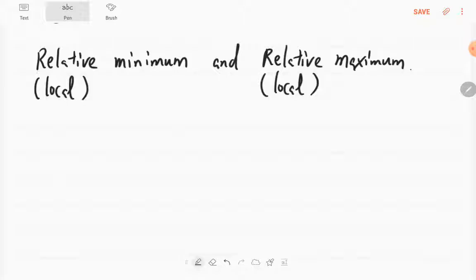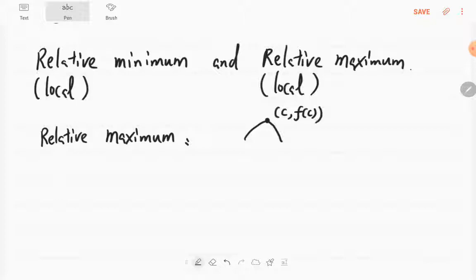Okay, so now let's look at the relative maximum. What's the meaning of the relative maximum? If a function changes from increasing to decreasing at this point C, f of C. I don't care about the other parts, I just say nearby this point, it changes from increasing to decreasing. So nearby, that means it's relative or local max.